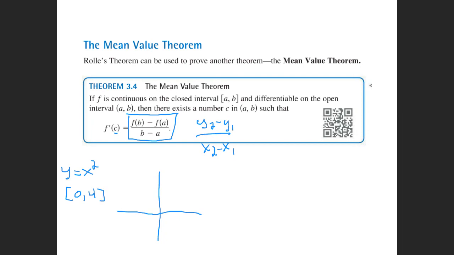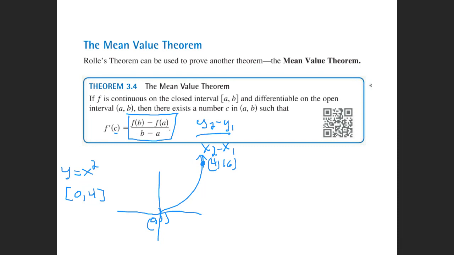So it's going to look something like this. It's going to go up like that. So here it's 0, 0. And at 4, this would be 16.